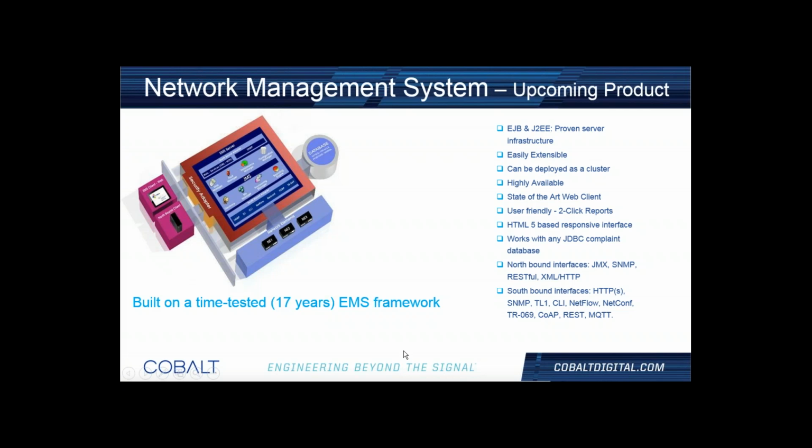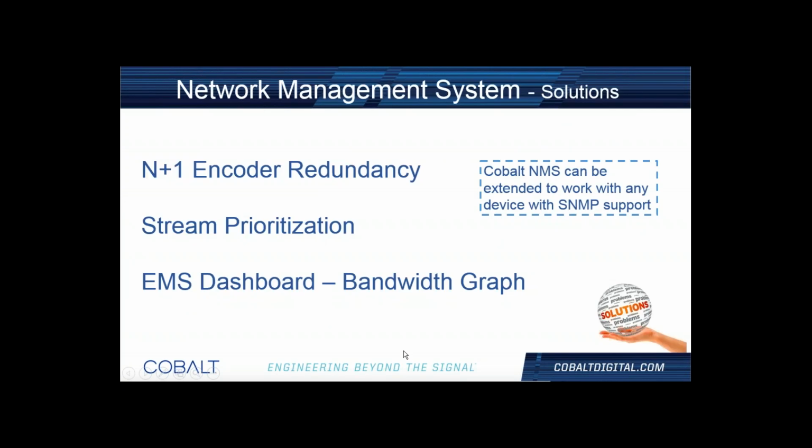The first application from that is going to be N+1 encoder redundancy. We're also going to do stream prioritization and bandwidth graph. So this is the focus. The initial focus of this product would be to manage video over IP links, but it can be extended to work with any device with SNMP support, including third-party devices.